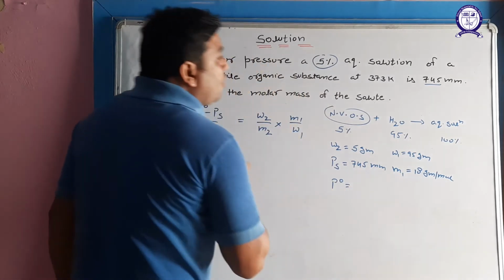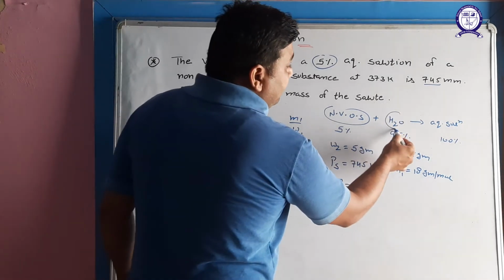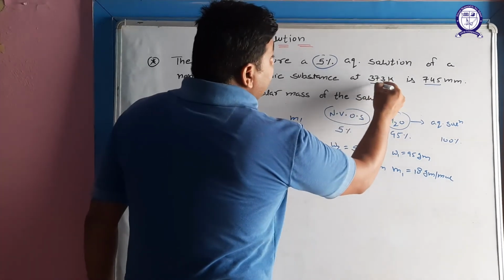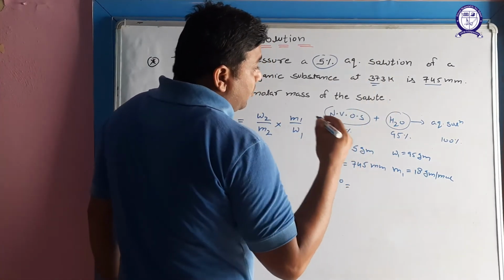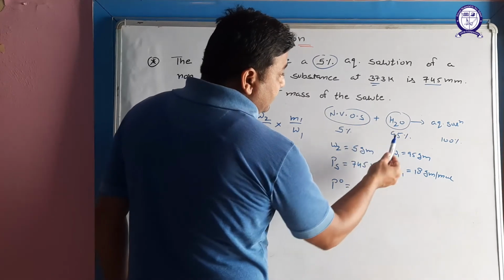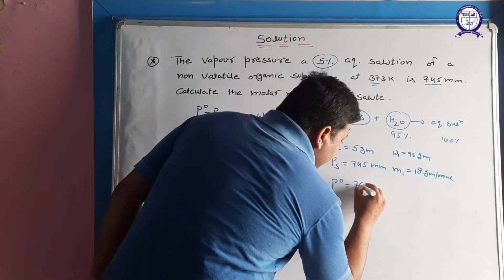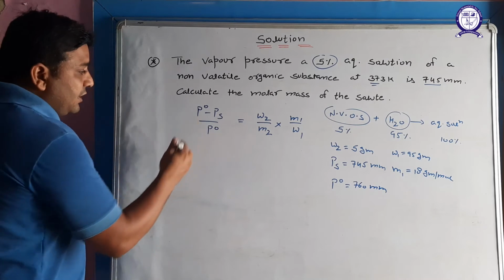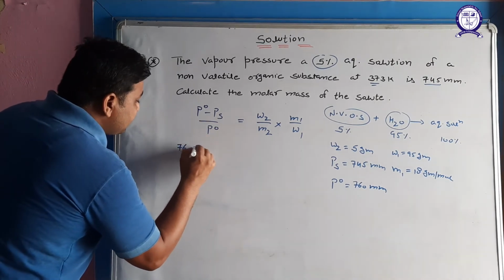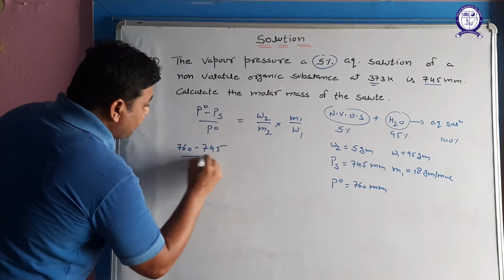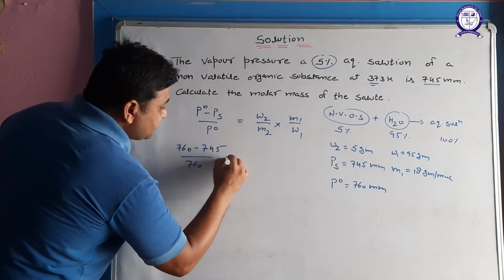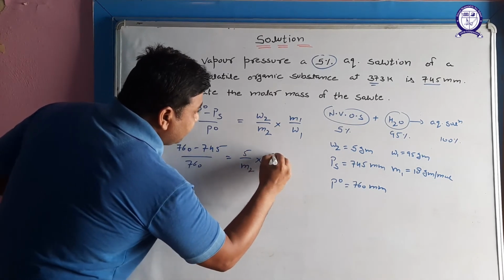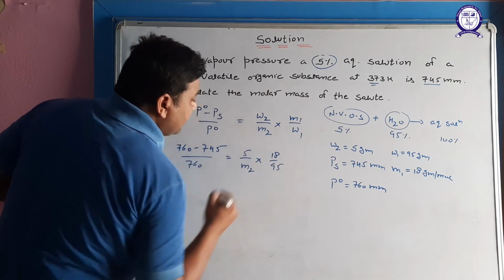P naught means the vapor pressure of the solvent in the pure state. We can say that at 100 degrees Celsius water boils and the pressure becomes equal to 760 mm, so the P naught value is 760 mm. Substitute the values in the equation: 760 minus 745 by 760 is equal to W2 5 by M2 into M1 18 by 95.